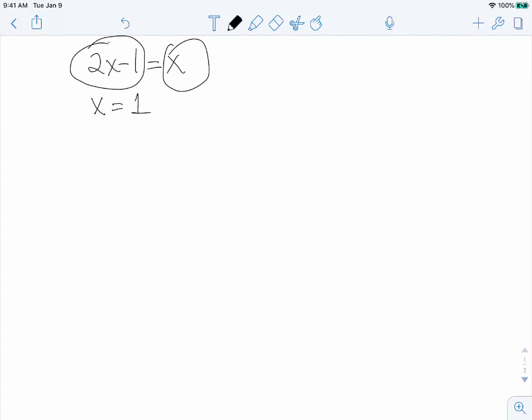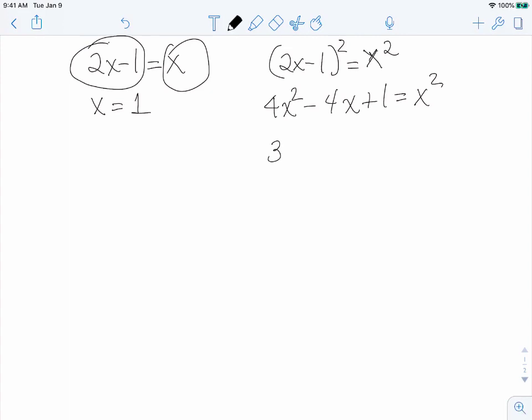Now suppose I squared both sides of this equation: 2x minus 1 squared equals x squared. What do I do to my original equation? I turn it into a quadratic equation. Specifically, the equation 3x squared minus 4x plus 1 equals 0.